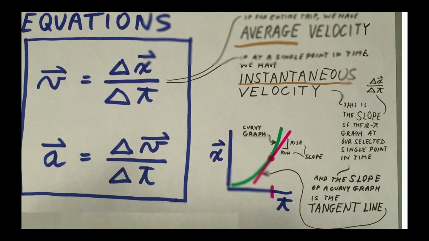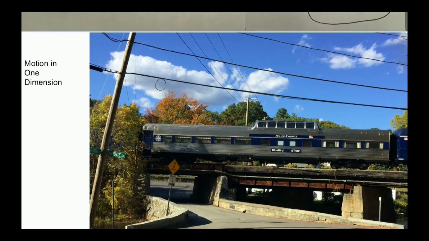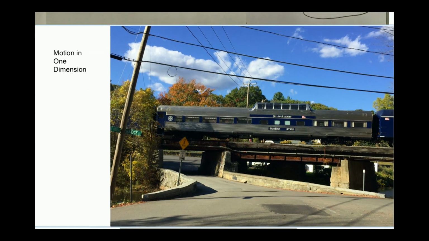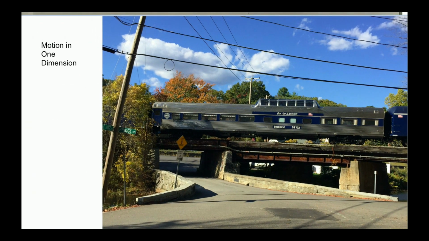Now, everything I've said so far pertains to the general case of acceleration and velocity in whatever number of dimensions you're looking at. If we want to zoom into motion in one dimension, here's an example of a railroad car that can only move in one dimension, which means left and right, or I might say plus and minus.